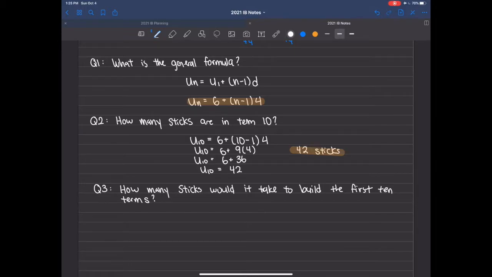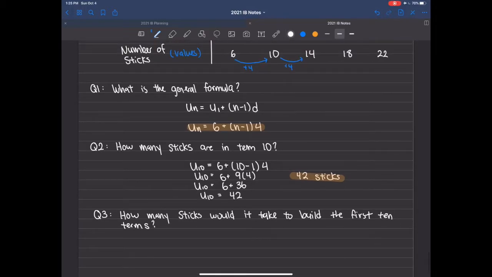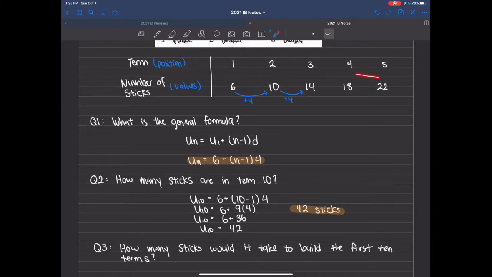And so if we wanted to do this the low-tech way, basically we would want to take all of our terms in our arithmetic sequence. We want to add them together, right? We would need the 6 sticks to make the first one, plus the 10 in the second one, plus the 14, plus the 18, plus the 22, and you would keep going until you got to the 10th term.